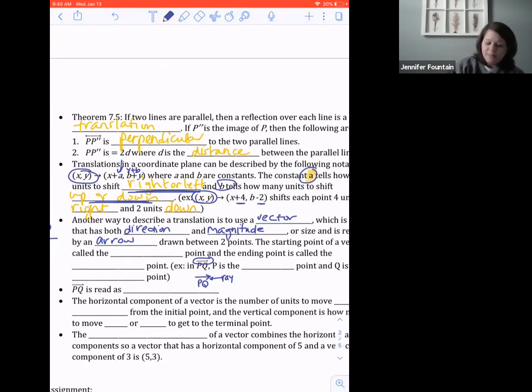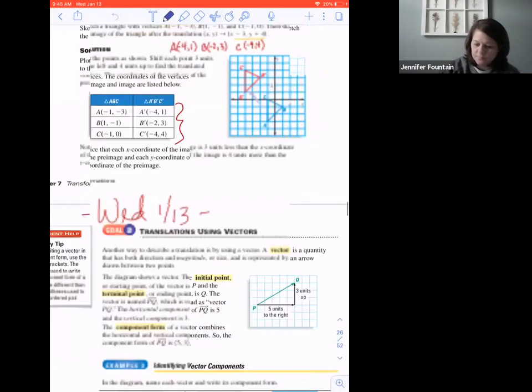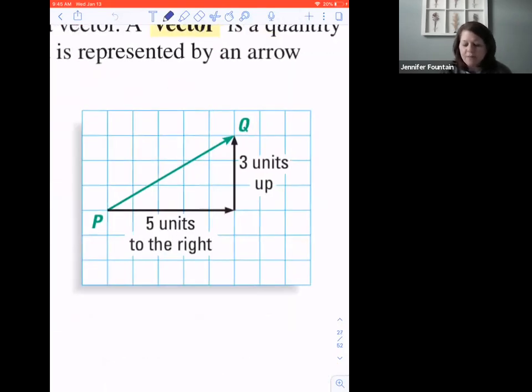All right, so when we're looking at page 423 and we see vector PQ, what I'm going to do is flip back to my book for just a second. So notice here, I've got my vector PQ. This is my endpoint right here, okay? Notice that what they've done is they said, hey, I move 5 units to the right and 3 units up to make my vector into a triangle.